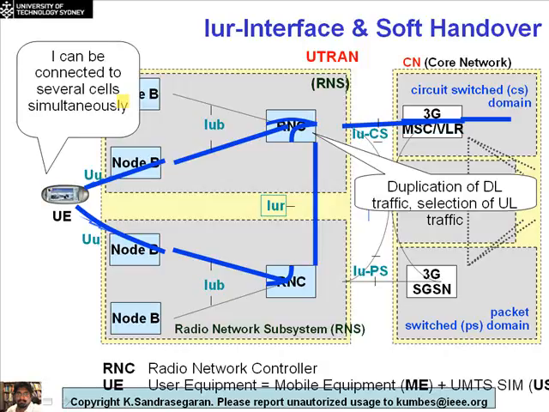For example, this mobile that you see in this diagram is communicating with this node B, and it's also communicating with this node B simultaneously.